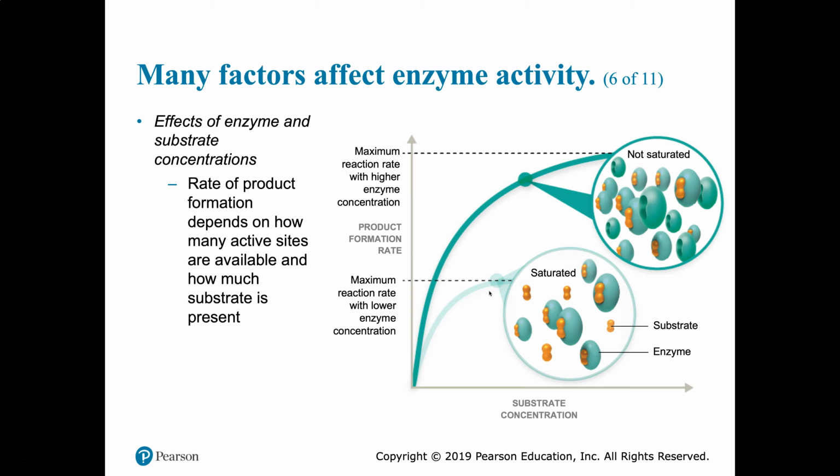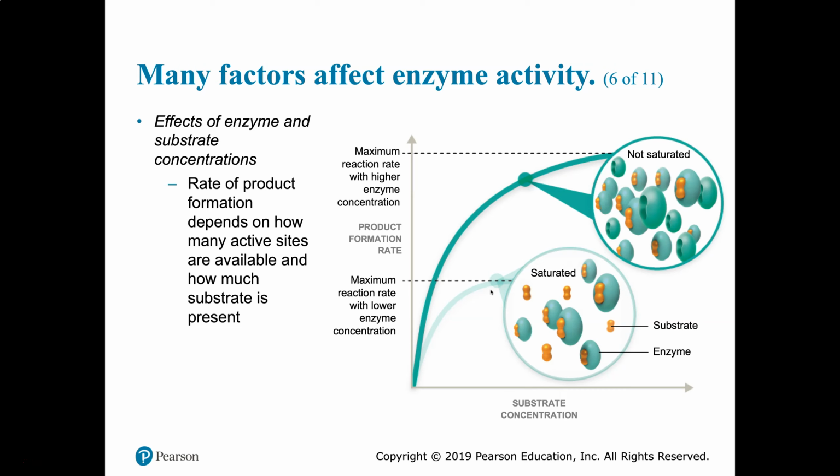Something that can also affect the rate of reaction is substrate concentration. What's interesting is the rate of the product formation will depend upon how many active sites are available and how much substrate is present.